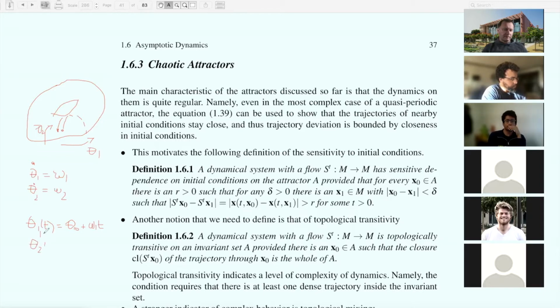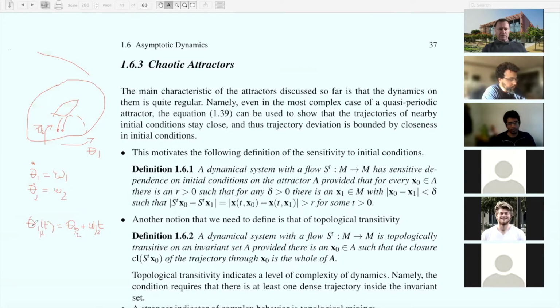Let me write this as theta 1,2 of t equals theta 1,2 at 0 plus omega 1,2 t.